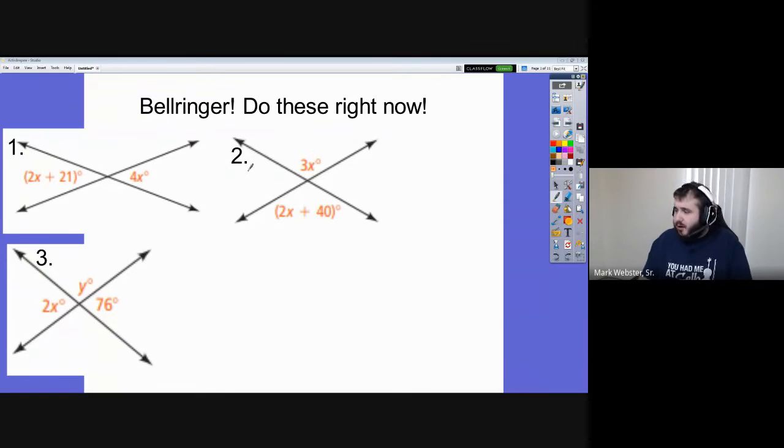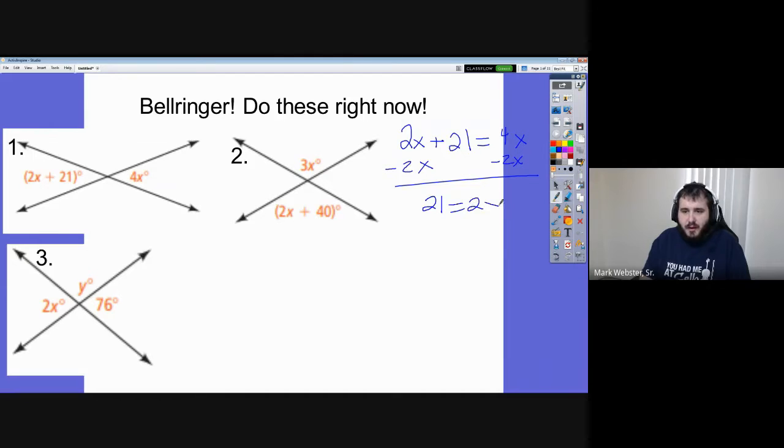They're vertical angles problems. When you've got two angles that are vertical, you can just set them equal. So for number 1, we've got 2x plus 21 had better be equal to 4x. Let me solve for x, right? So we get 21 equals 2x.